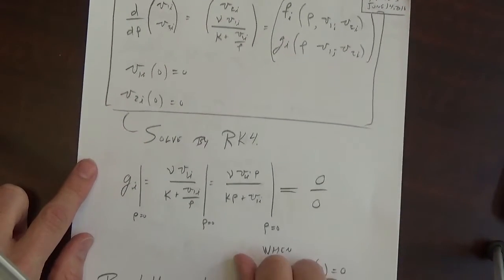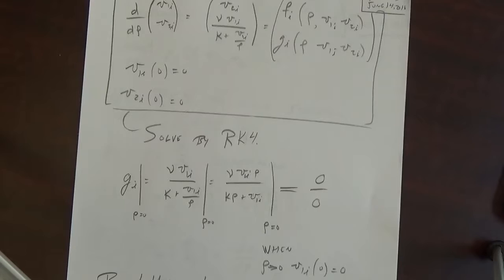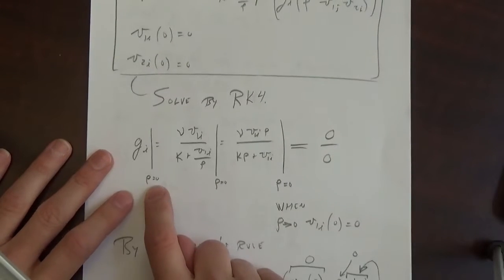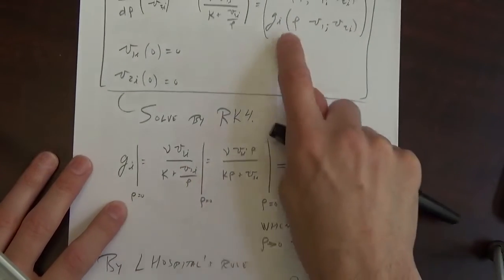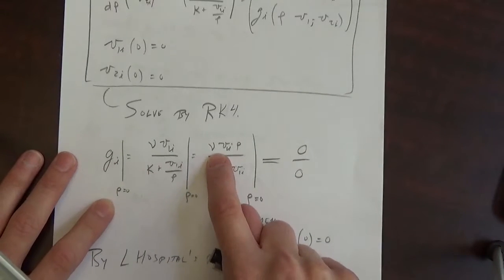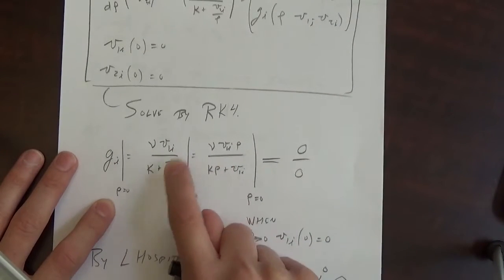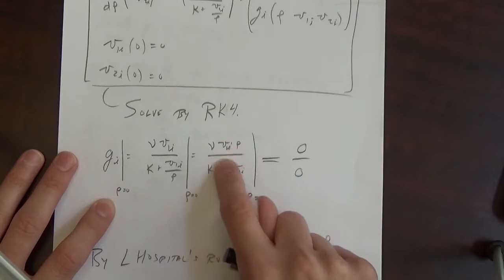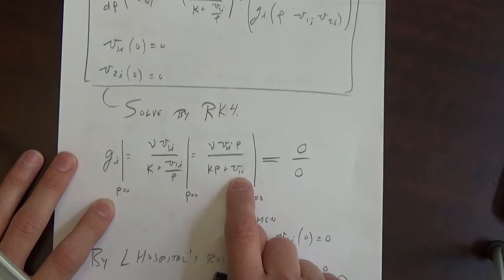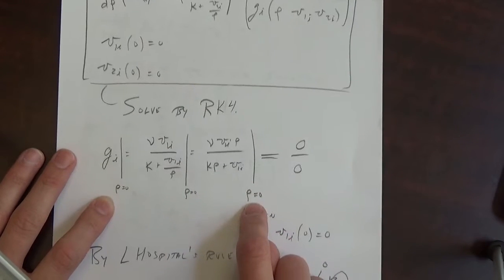And if you remember from when we solved the Runge-Kutta solution for the cells only, we have an issue, because at rho equals 0, our g function gives us this, which, taking our rho up and into the problem, we get nu v1i rho is equal to kappa rho plus v1i. And we want to look at this at rho equals 0.